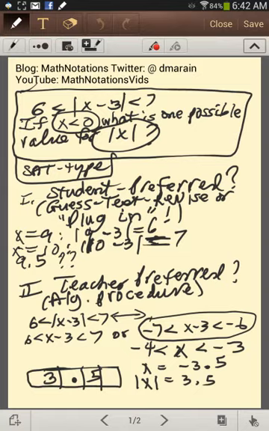Our standard procedures, and I'm not denigrating this method, it is important and it is necessary for the more sophisticated absolute value problems. The student preferred method, and we can't ignore it because they're going to do it, is plugging in, but they have to be so careful about reading instructions.